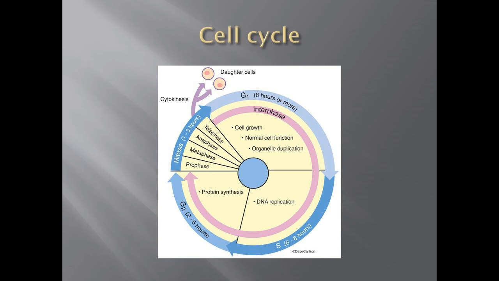Here in G2 phase, the organelles of the cell will also get duplicated. Either cell organelles will replicate into 2 other organelles, or new organelles will be produced, and in this phase ATP synthesis will also take place, which will be important for the growth to take place in this phase of the cell cycle.